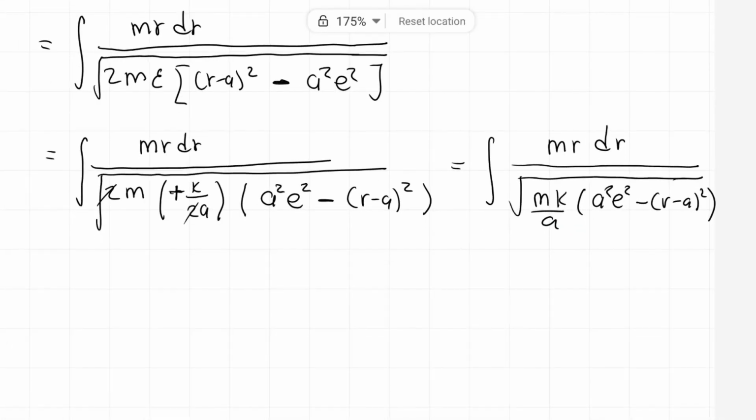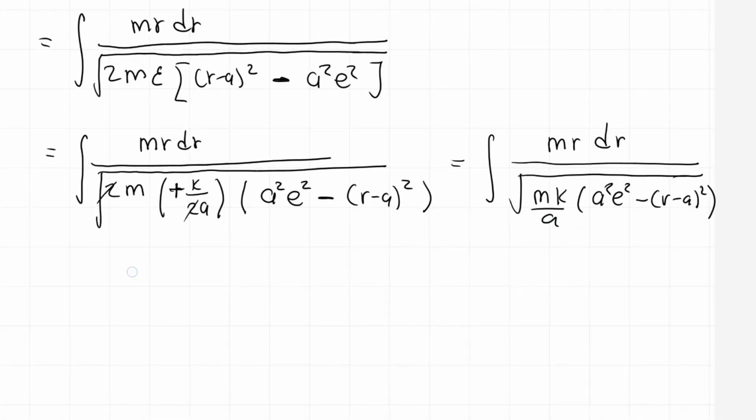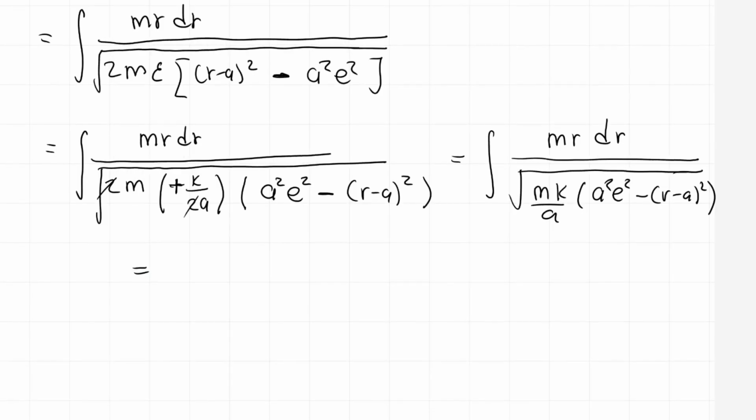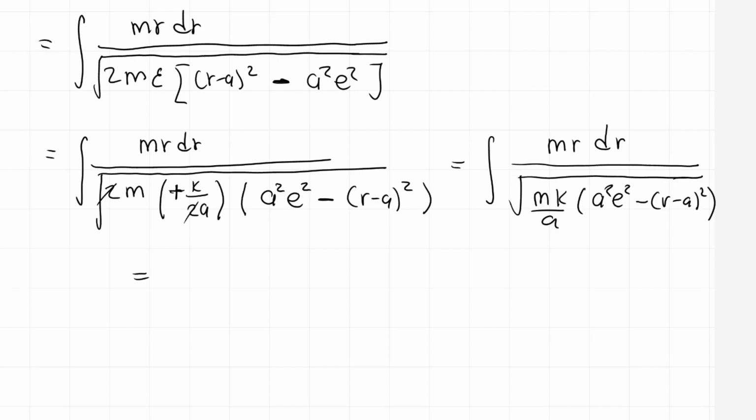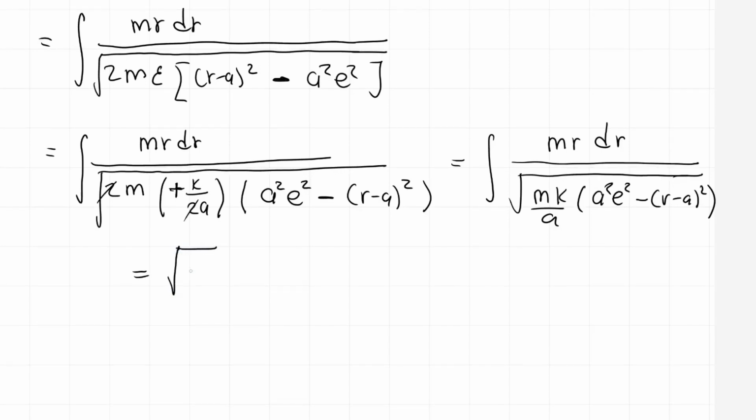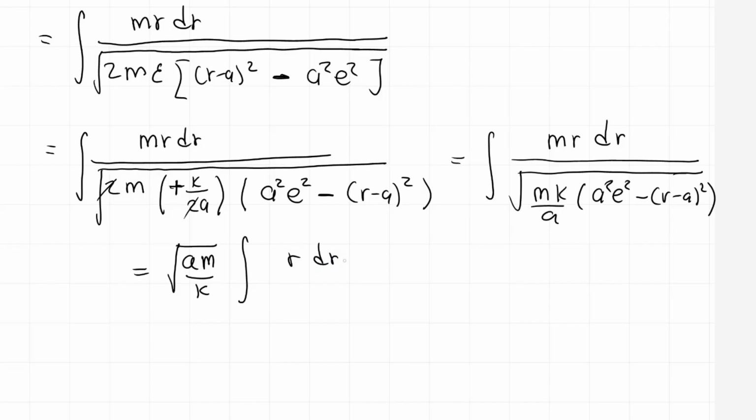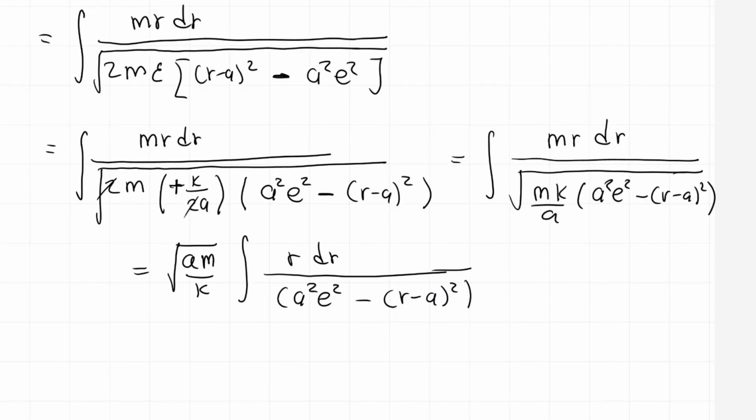Looking at it, m, k, and a are constants, so we can take them out of the integral, and it's easy to see that we are going to get the square root of a times m over k times the integral of r dr all over a squared e squared minus (r minus a) squared.